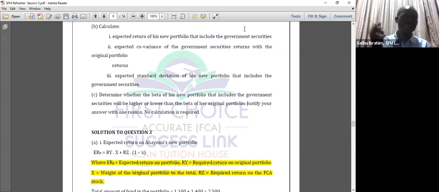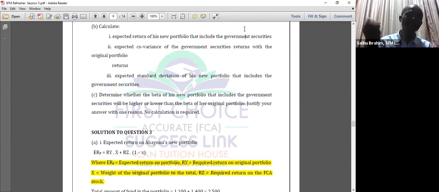Meaning that if stock A and stock B returns are negatively correlated, then if return on asset A is increasing, the return on B will be decreasing. If return on A is decreasing, return on B will be increasing. Therefore, the investor is said to have been fully diversified.